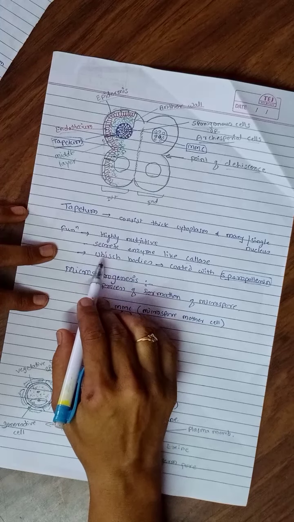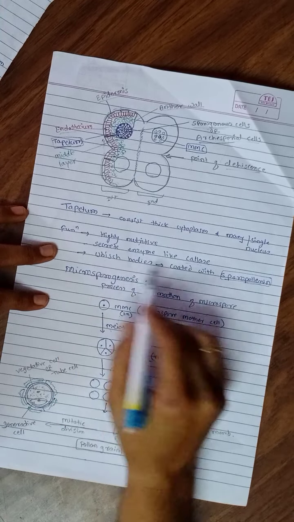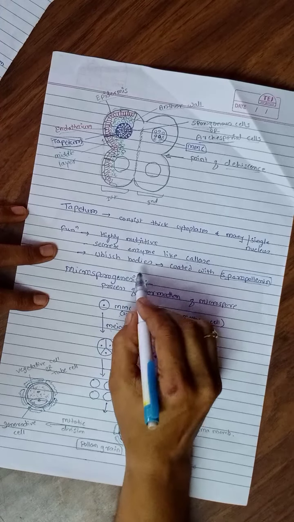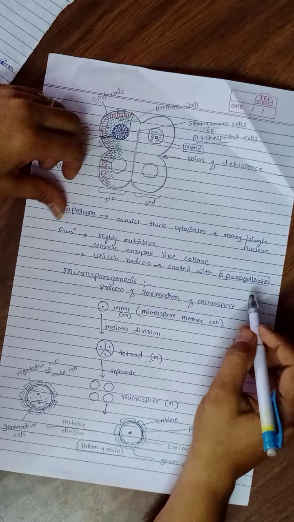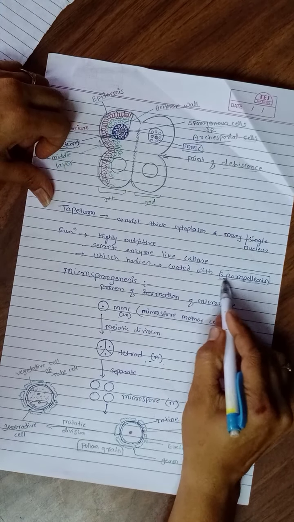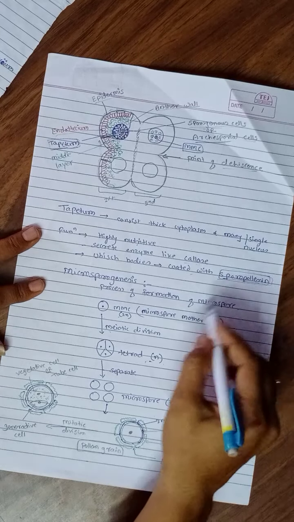Then it also secretes Ubisch bodies. Ubisch bodies are coated with sporopollenin. Sporopollenin is the most resistant substance, which coats the outer side of the microspores.